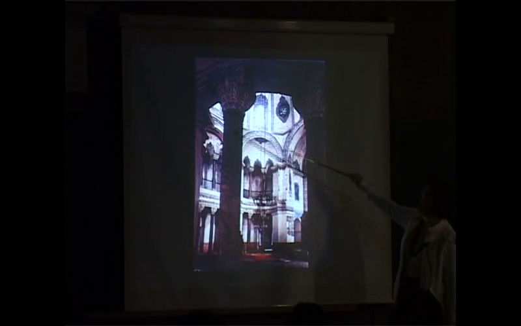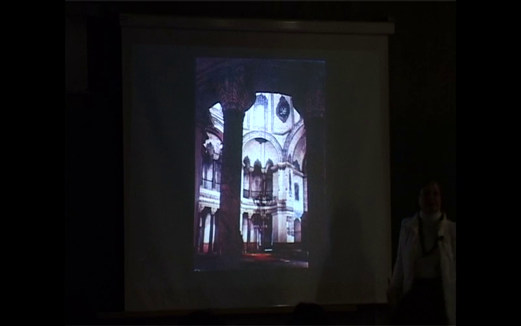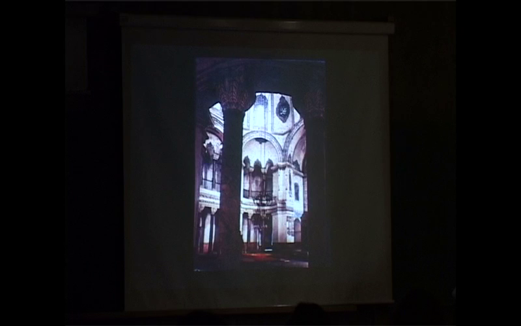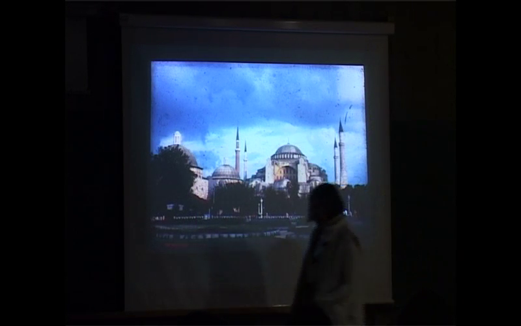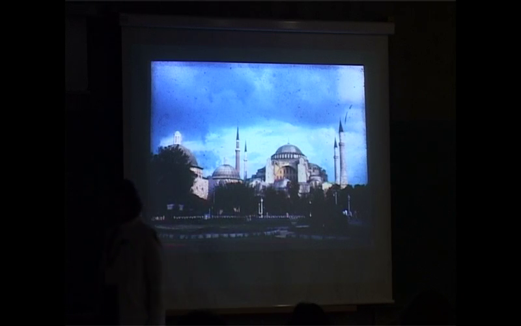And again, polychromatic marble was used here, so we have a certain richness of the imperial rule being reflected in the church of Saint Sergius and Bacchus.